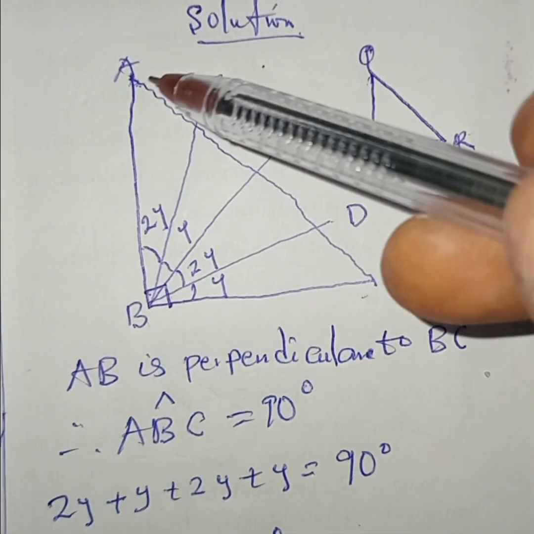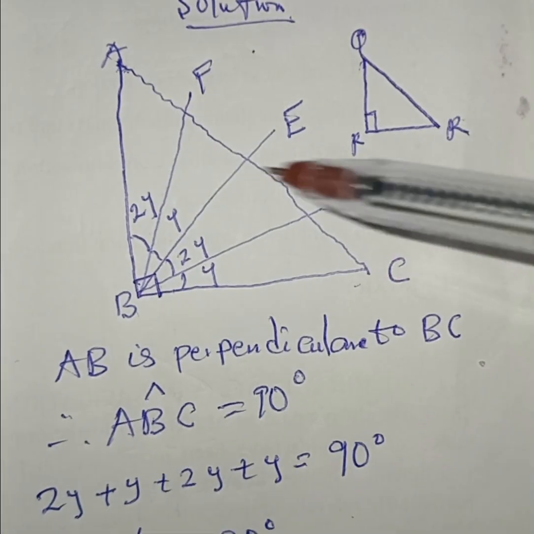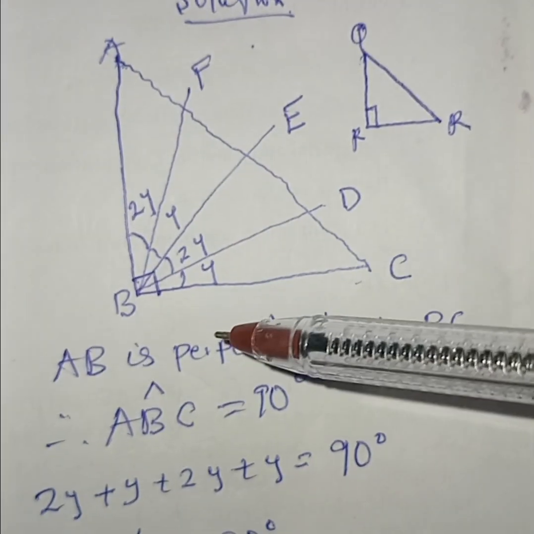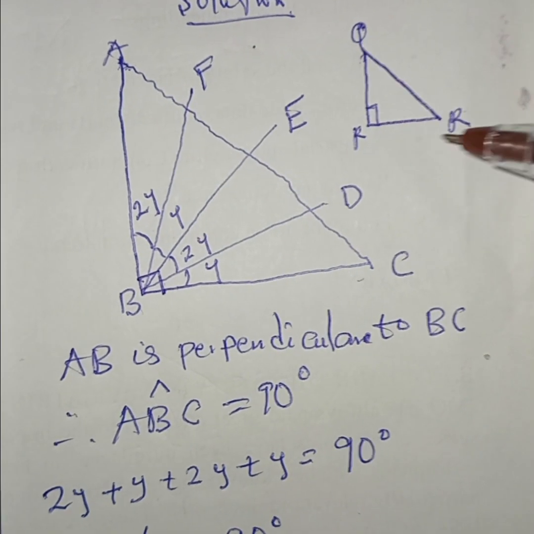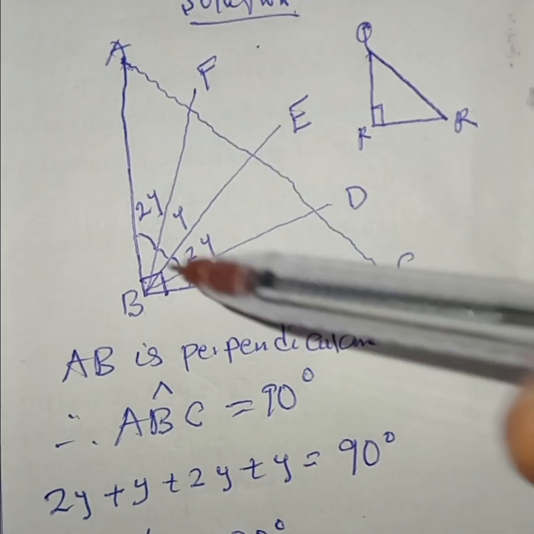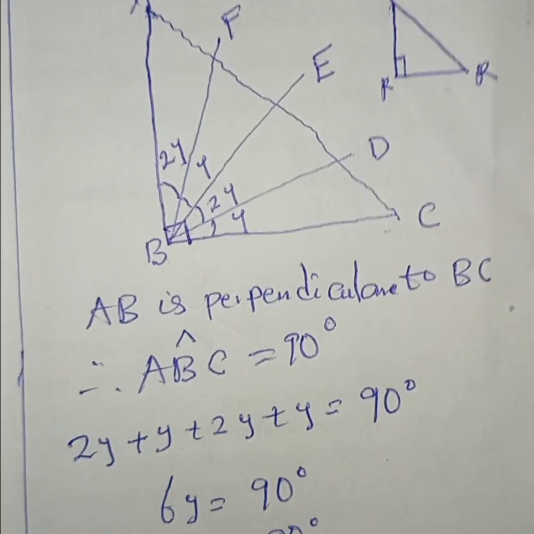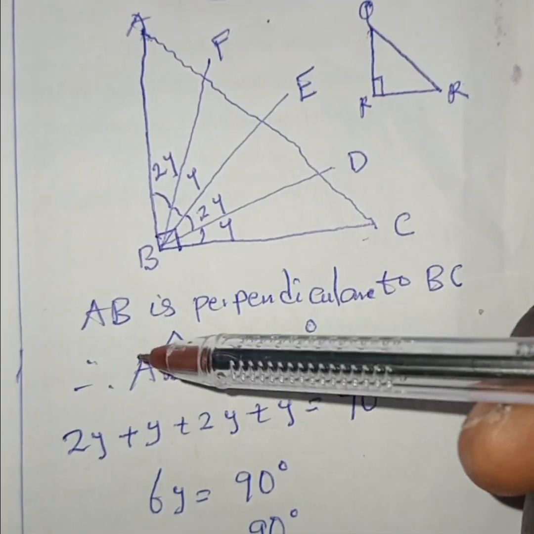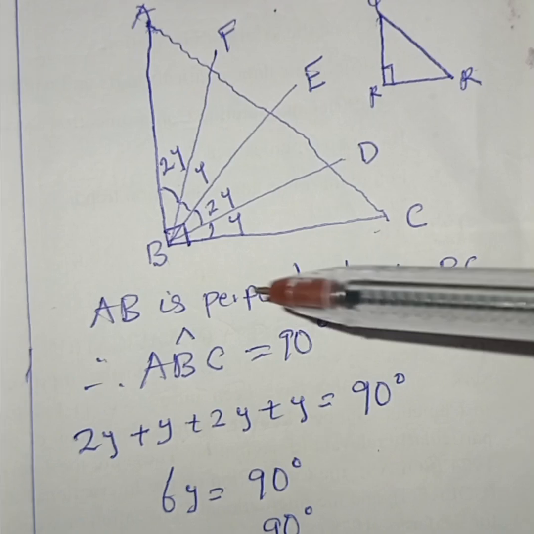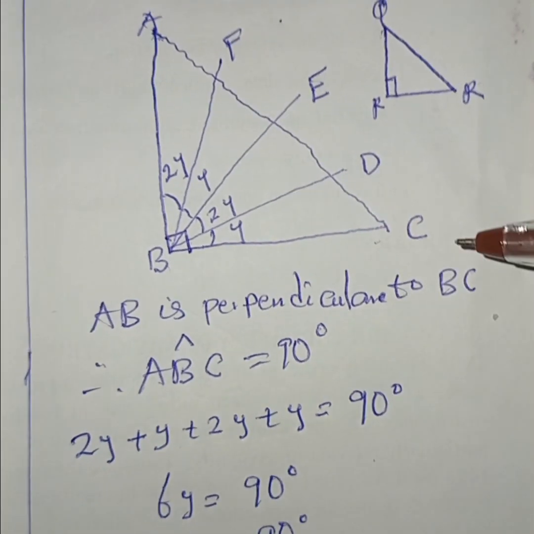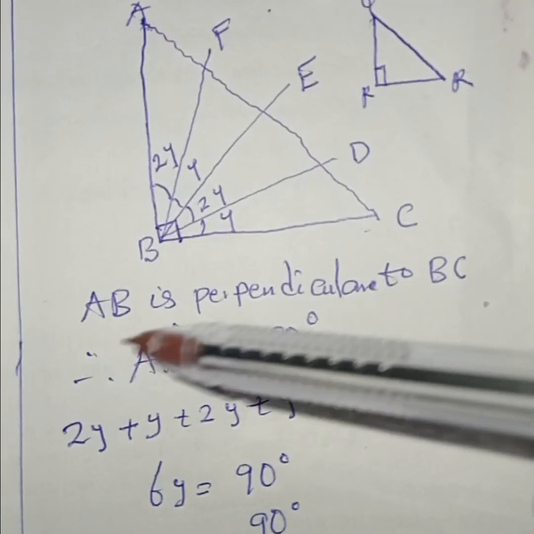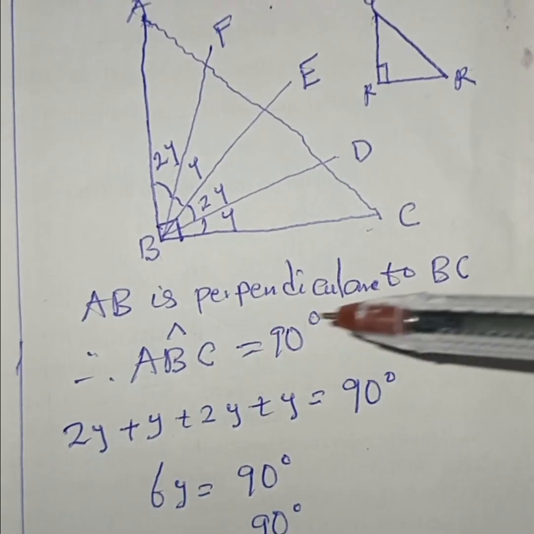That means the angle inside this diagram is what? 90 degrees. If you compare it with this diagram, you find out that they are equivalent. Therefore, everything inside this diagram is equal to 90 degrees. So to make it more understandable, say AB is perpendicular to BC. So ABC equals 90 degrees.